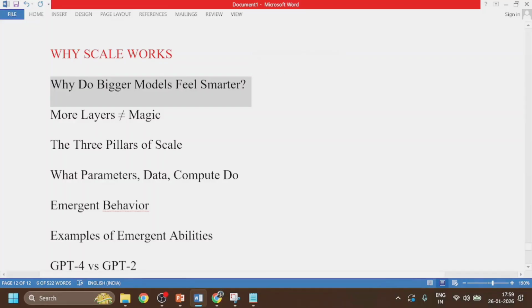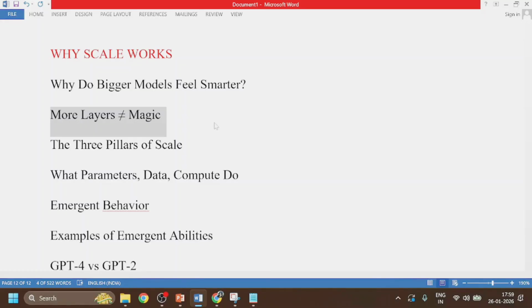More layers does not equal magic. Adding more layers does not automatically make the model smarter. Deeper models provide more abstract representations and compose patterns better, but depth alone is not enough.